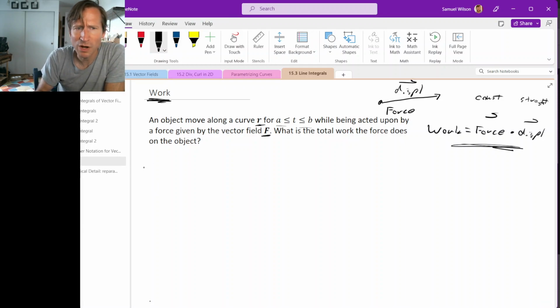So to figure out what expression we should use, let's imagine we have a path. Now, since we have a path, it's going to be some kind of line integral. The question is, what line integral? What do we integrate? Now, since this path isn't straight, and since we're not assuming the force is constant, we can't use this expression directly.